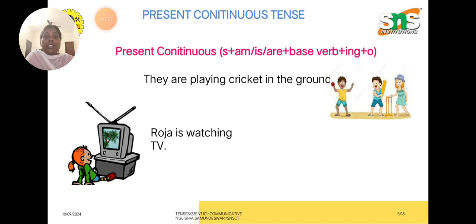Along with the be-form of the verb, you add a main verb with ing, plus the object. These tense forms help us to construct sentences: Some work is ongoing. They are constructing a building. I am writing my assignment. He is waiting at the theater. Similarly, you can construct a sentence.